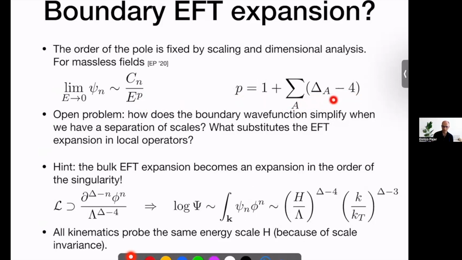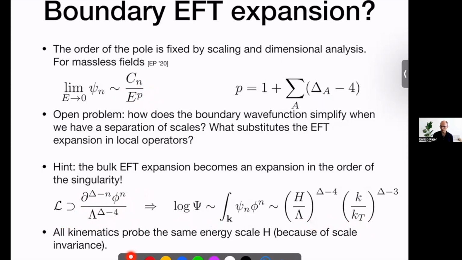Larger P's come from larger dimension operators. So there is a way in which operators with higher and higher dimensions organize themselves, and they come with bigger and bigger poles, with higher and higher orders in the pole. Just schematically, if you have an interaction of dimension Delta with Delta minus n derivatives and n fields, with the right coupling constant for dimensions, the correction to the logarithm of the wave function is of this size.